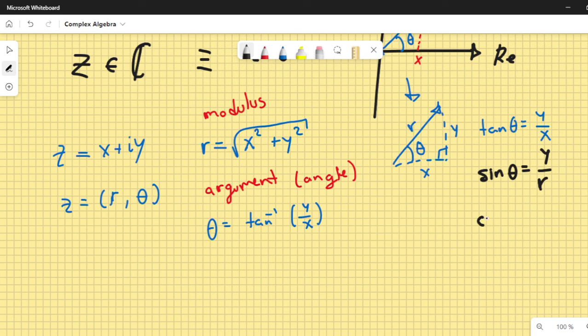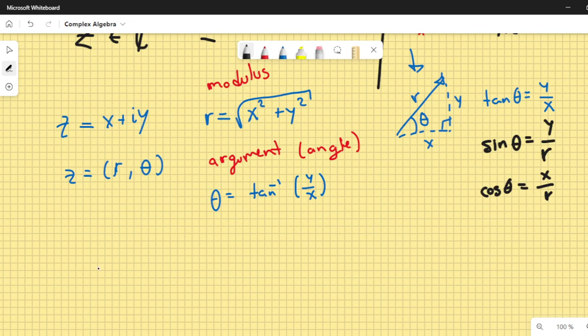And the cosine of theta, following trigonometry, is x over r. This is not a surprise. From this, we conclude that x is equal to r cosine of theta, and y is equal to r sine of theta.